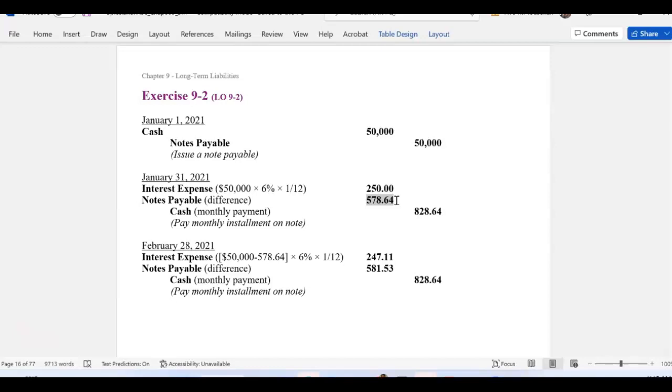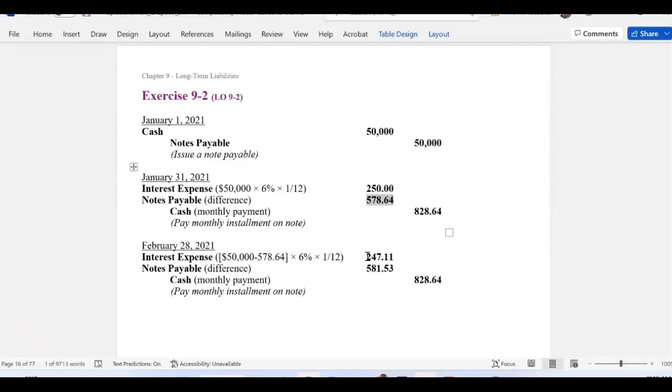So note payable will be reduced by $578. And because of that, for the next payment in month 2, the principal is not $50,000 anymore. It is $50,000 minus the reduction on the principal from the first payment, which is $578, and then that will be multiplied by 6%, which is 0.06 times 1 out of 12.